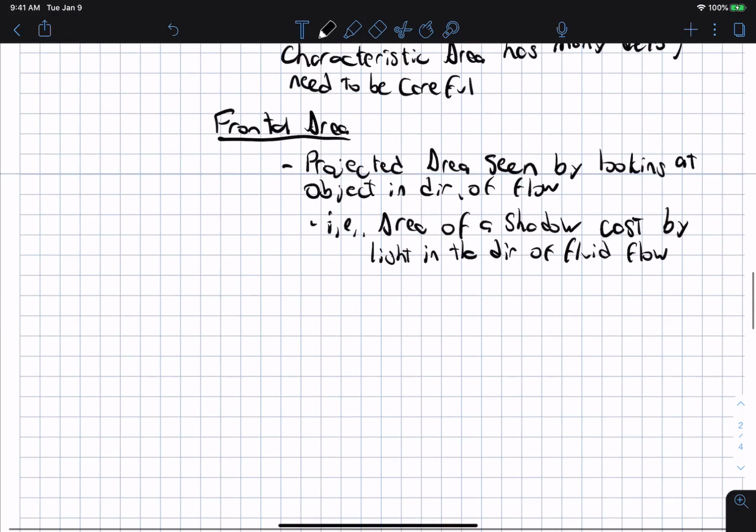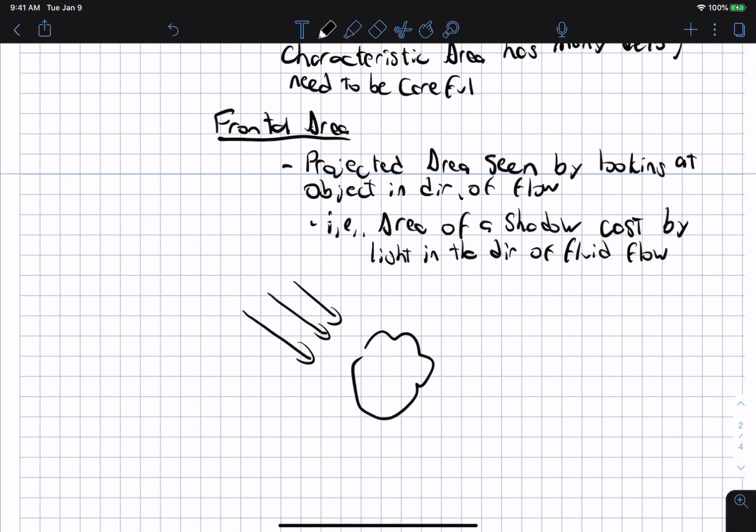Okay, and so you could imagine we have some sort of object here, and we have u going down into the left. I don't know why I chose that, I just did. So our free stream velocity would be u going down into the left, and we have an imaginary plane that we draw normal to the flow, and then we just basically pick the outer edge of it and imagine the shadow that actually would be cast.